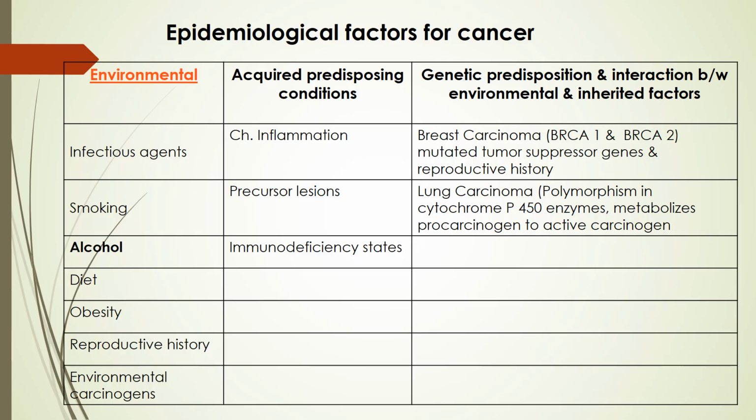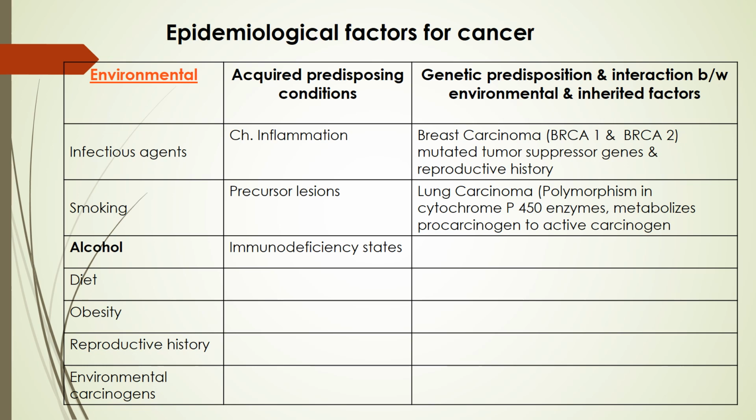Epidemiological factors for cancers are environmental, acquired predisposing conditions, genetic predisposition, and interaction between environmental and inherited factors. Environmental: infectious agents, smoking, alcohol, diet, obesity, reproductive history, environmental carcinogens.